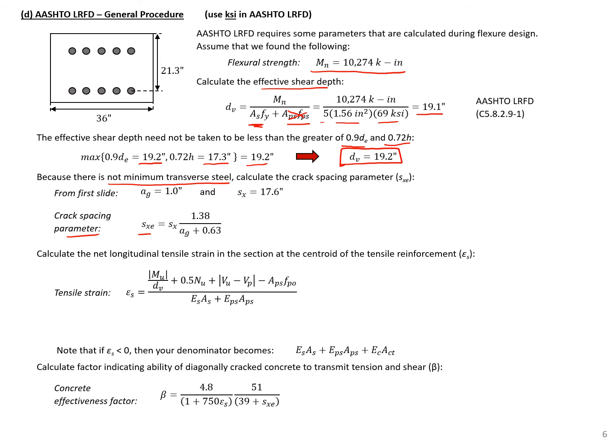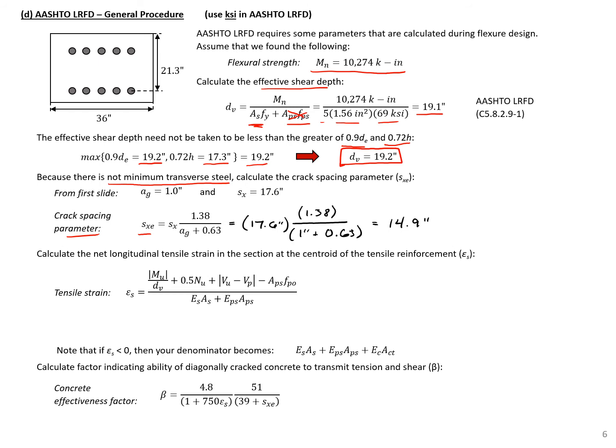So we can plug in our values that we found on the first slide, and we'll find that our SX here is equal to 17.6 times 1.38 divided by 1 inch plus 0.63, which will give us an S sub XE equal to 14.9 inches. The next thing that we need to do is we need to find our tensile strain.